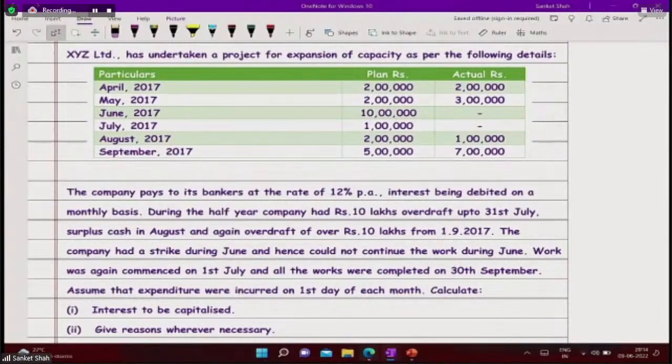Read it. Such questions can come for 8 marks or 5 marks. You will get the same question for 8 marks or 5 marks. Very, very important question. Please don't ignore such questions. ICAI may ask you such questions.